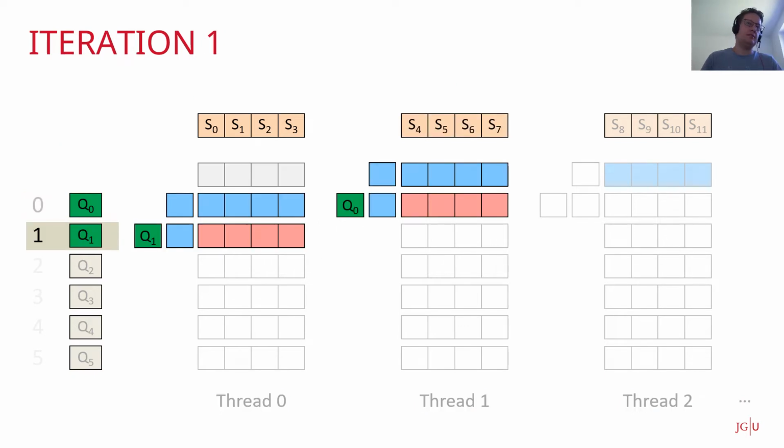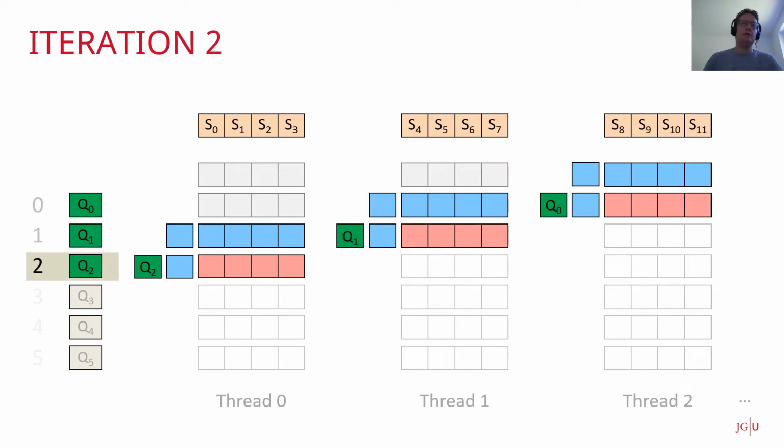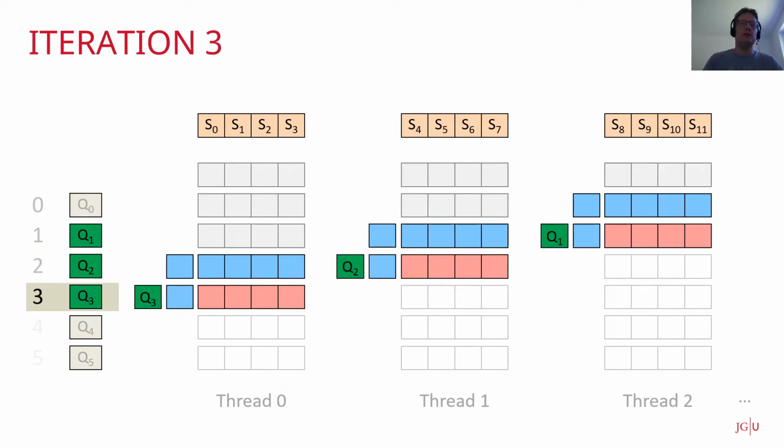Computation proceeds then in a wavefront, as we've seen before, where more and more threads become active because the values to their left have been computed. Now let's look in more detail what happens between iterations. So suppose we are in iteration number 3. The blue cell values have already been computed.